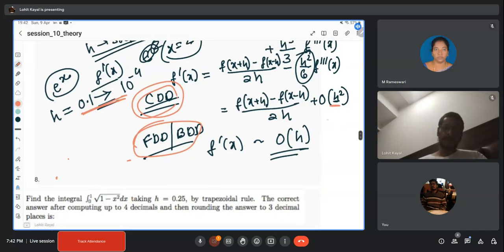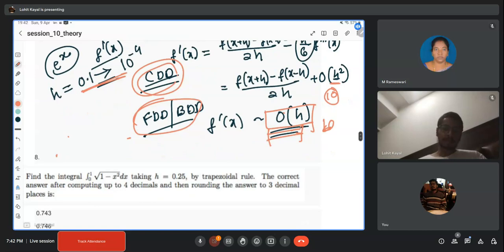If you reduce the step size by 10 times, then the error will be reduced by 100 times. But for the forward or the backward difference scheme, if you reduce the step size by 10 times, then the error will also reduce by only 10 times. Okay, so that's why the CDD will give you a much better approximation in this case.